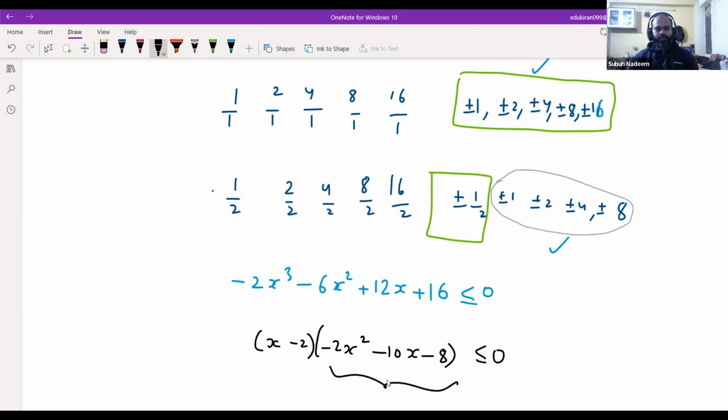Okay. So 2x square. So it's x square plus 5x plus 4. That is not possible. We cannot split the middle term, right, sir? x square plus 5x plus 4.